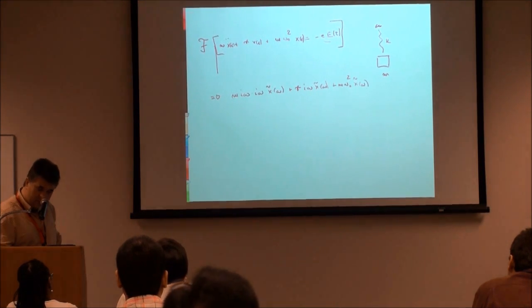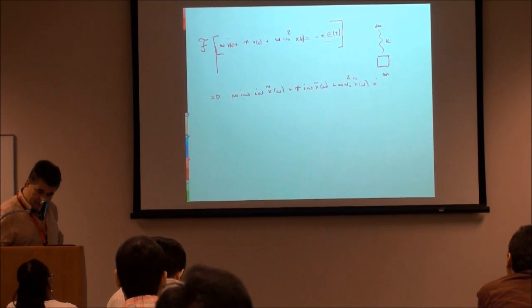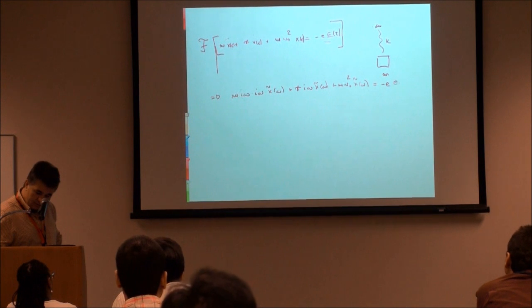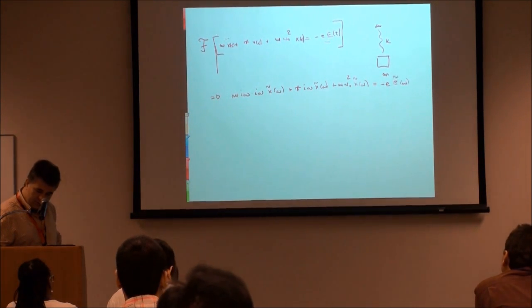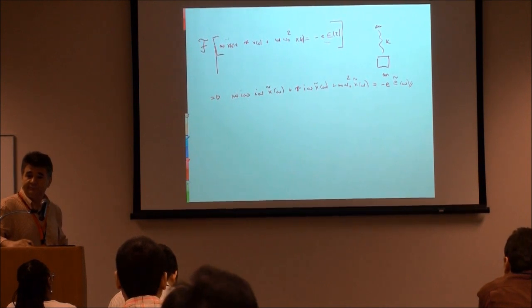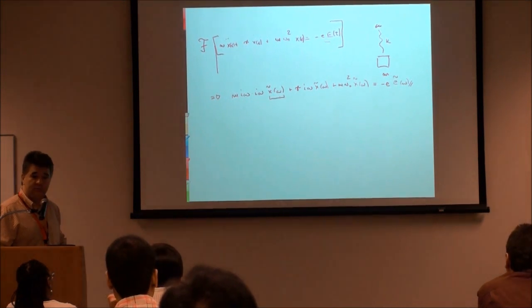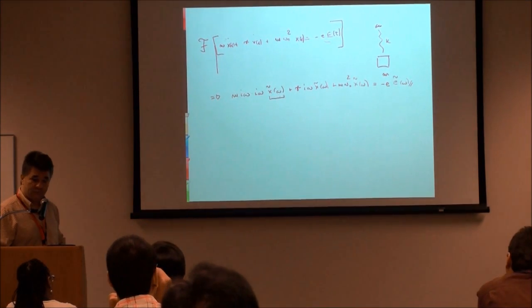So there is nothing going on here, it's just the Fourier transform of x. The rest is a constant, right? These are constants. Equals minus e, which is a constant, times E of omega, basically the Fourier transform of my input. So remember, what I want is x of omega. That's what I want to find out.